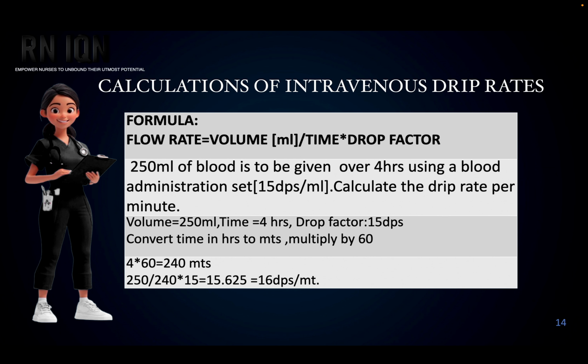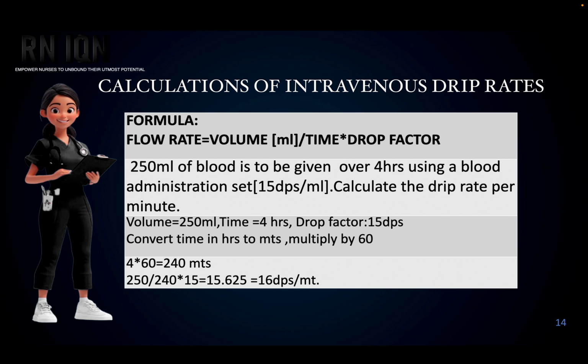Here 250 ml of blood is to be given over 4 hours by using a blood administration set, that is 15 drops per ml. Calculate the drip rate per minute. Here the volume is 250 ml, the time is 4 hours and the drop factor is 15 drops per ml.